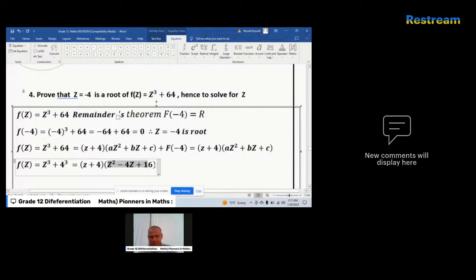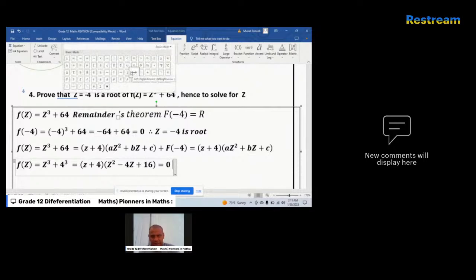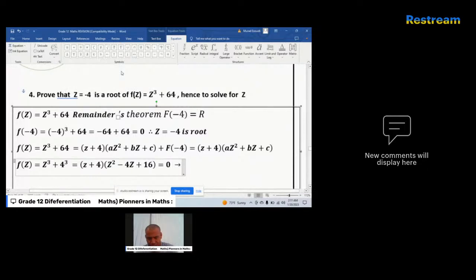Equal 0 means that z equal -4, or z square minus 4z plus 16 equal 0.